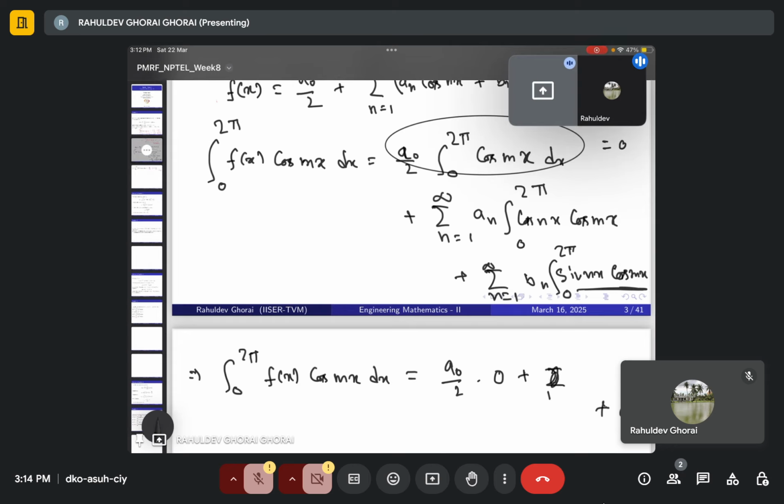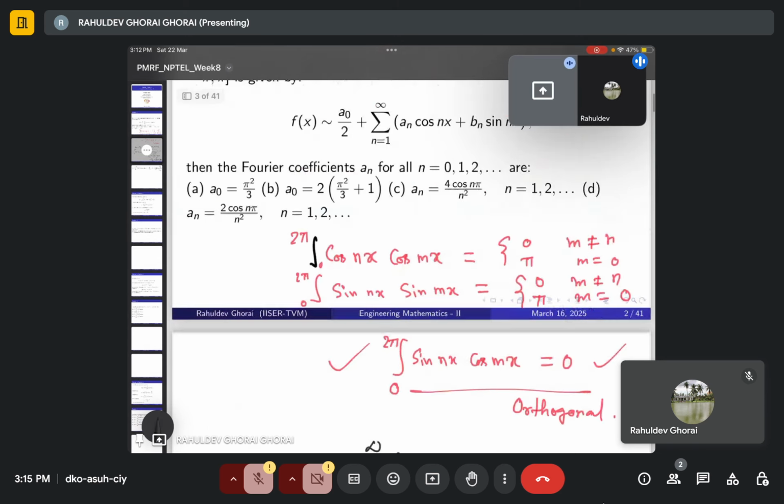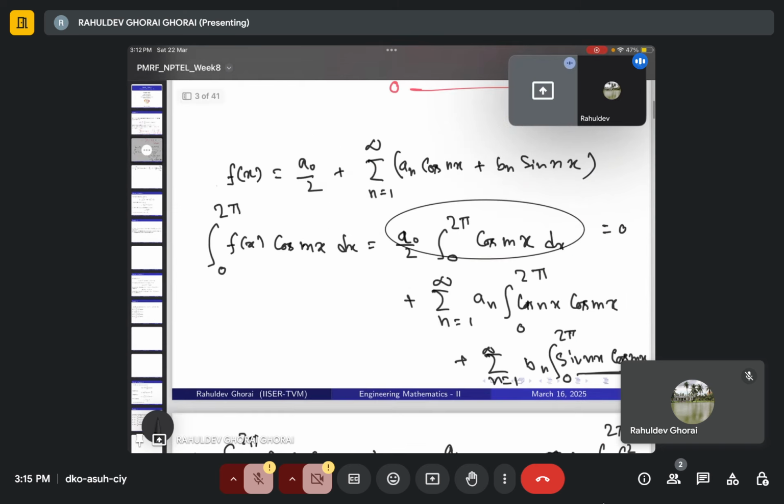So when n equals m, you will have the value, which is the integral of cos square mx dx. Why? Because for cos nx and cos mx, if m and n are not equal, then the value will be 0 from 0 to 2 pi.